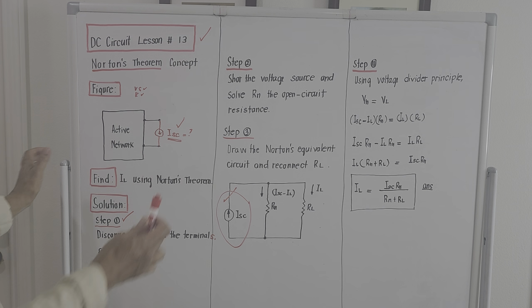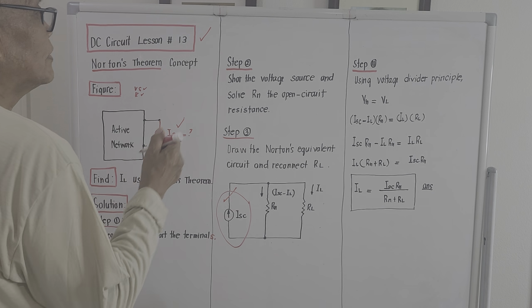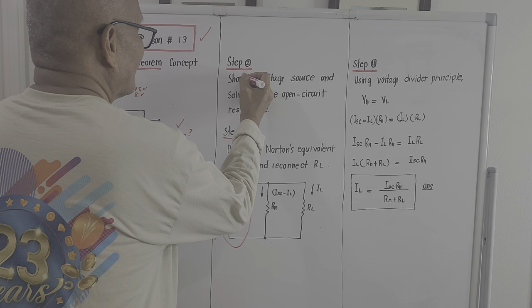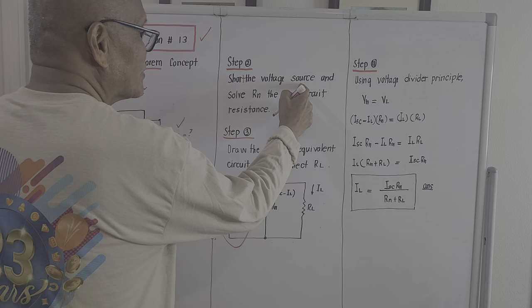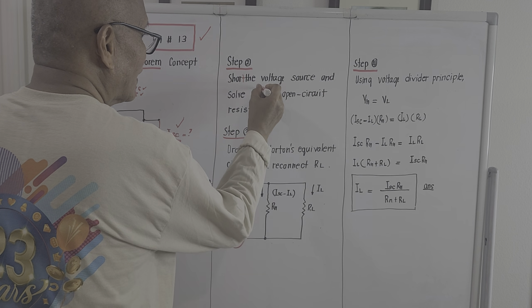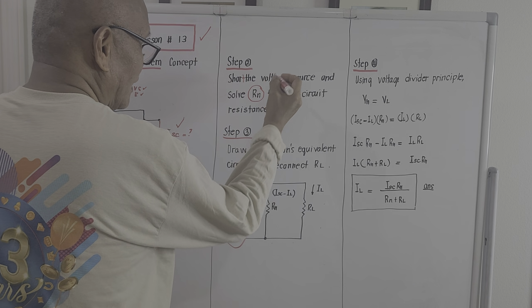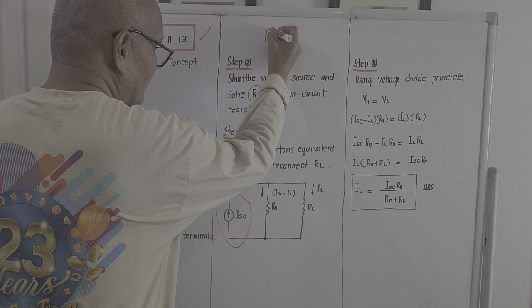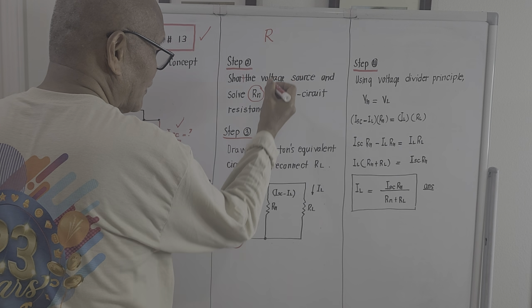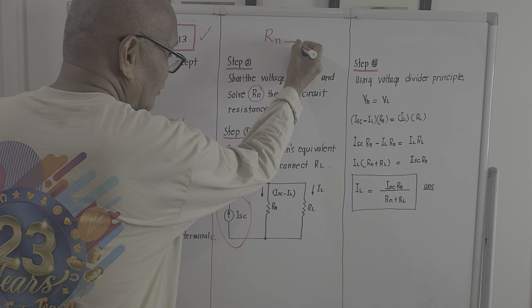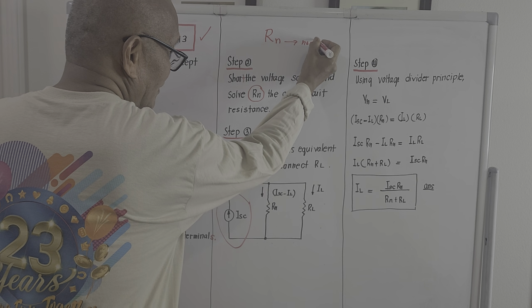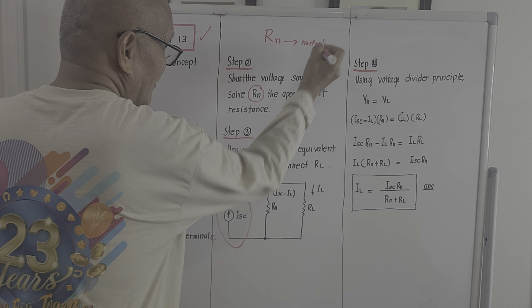Step number 2. Short the voltage source. Sorry, this should be with the T. Short the voltage source and solve for RN. RN is actually, capital letter R is resistance, and the subscript N is for Norton's.